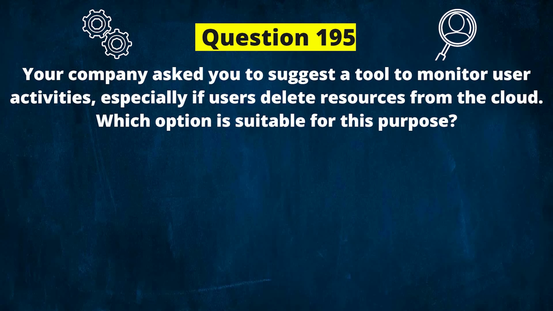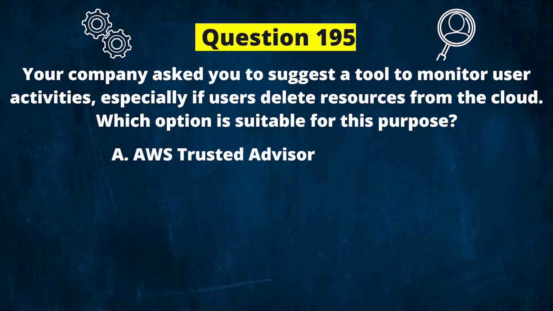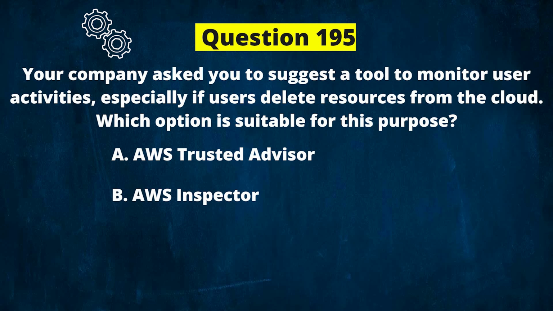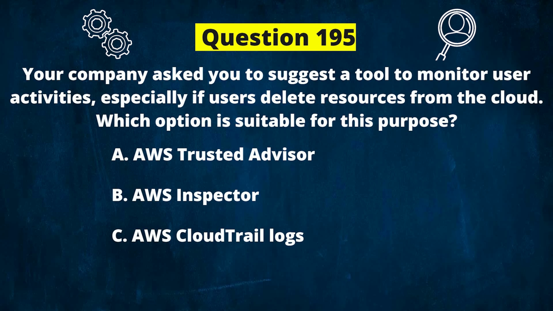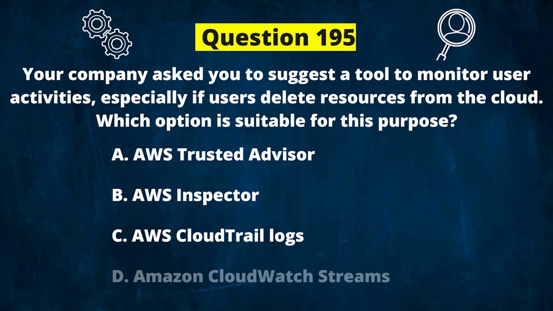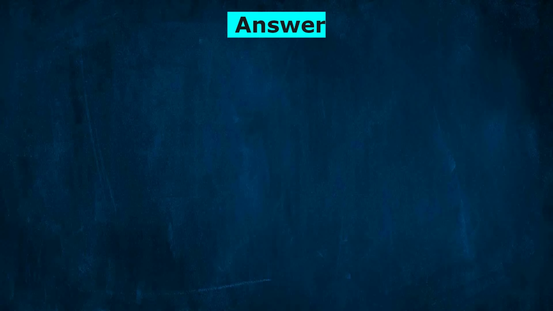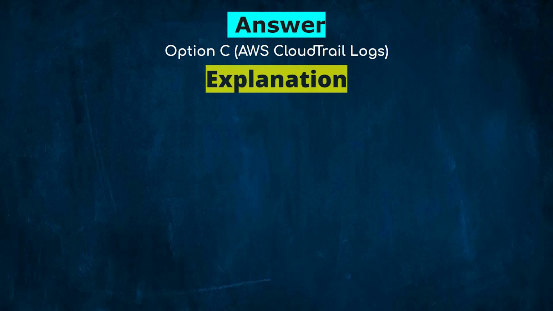Now the options are: Option A, AWS Trusted Advisor. Option B, AWS Inspector. Option C, AWS CloudTrail Logs. Option D, Amazon CloudWatch Streams. And the correct answer is option C, AWS CloudTrail Logs. Explanation.